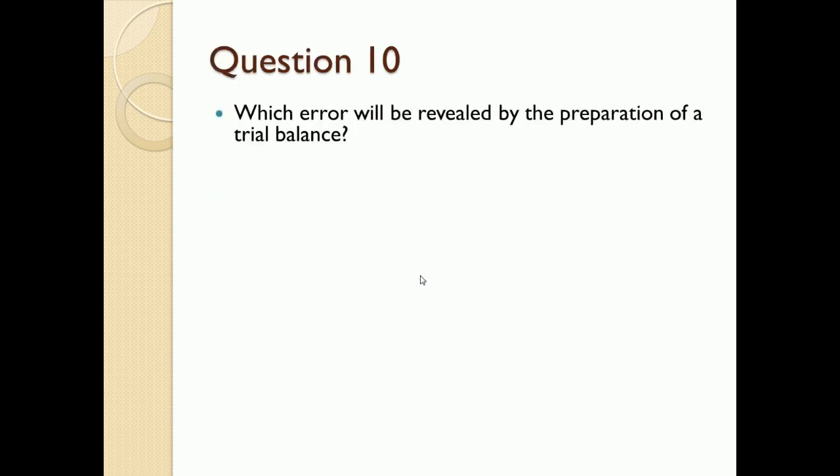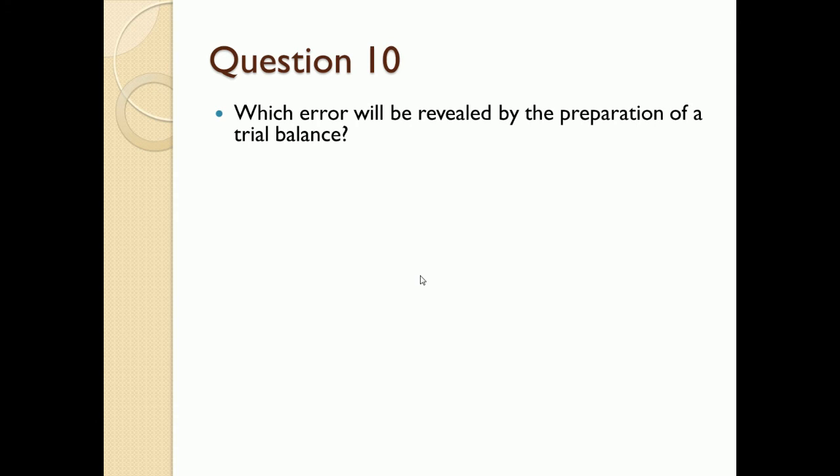So here is your question number 10: which error will be revealed by the preparation of a trial balance? Basically, why do we prepare a trial balance? Because we have to see whether we have made any mistake in the double entry system. If we post an entry, for example, if we paid rent, the trial balance will check whether we have posted rent on the debit side and cash on the credit side.